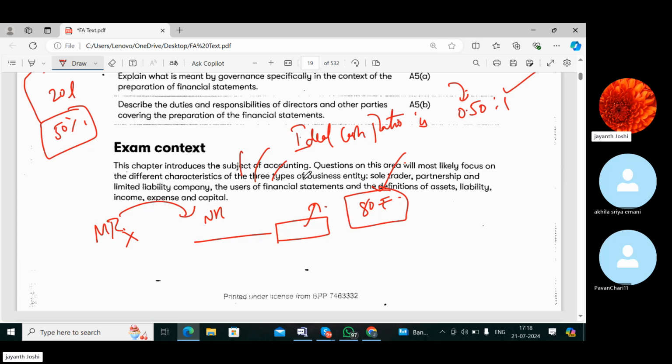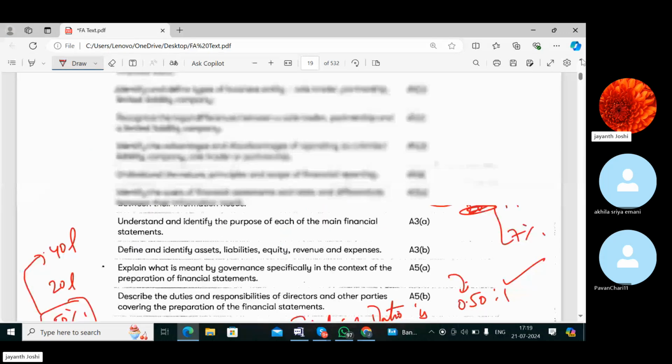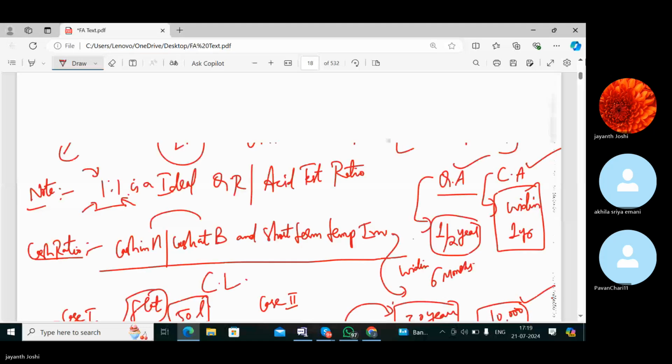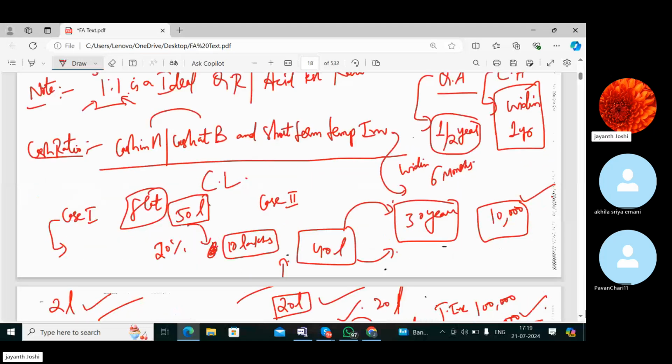Okay, so these are the three ratios which we covered under the liquidity part. You can see this cash ratio, you can make a note of it. We'll move forward. Okay, now let's understand the next set of ratios, that is turnover ratios.